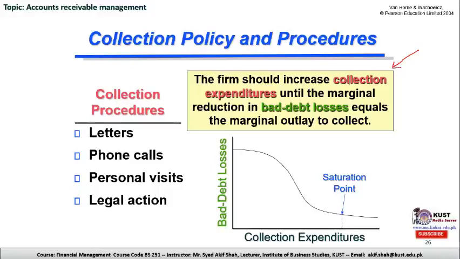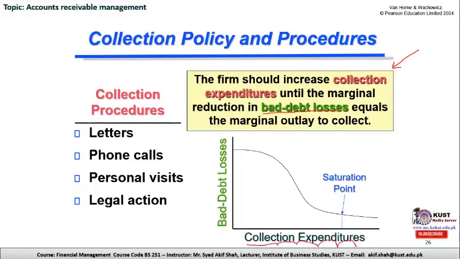The firm should increase the collection expenditure until the marginal reduction in the bad debt losses equals the marginal cash outlay to collect. Like at one end, you are increasing your collection expenditure from $10 to $20 to $100 to $200 and so on.